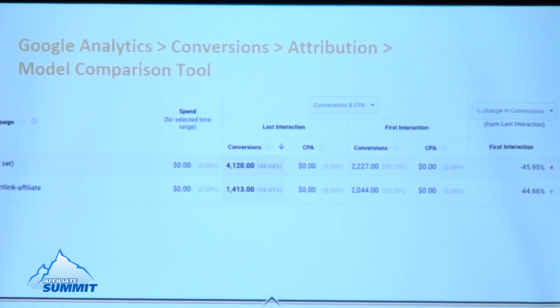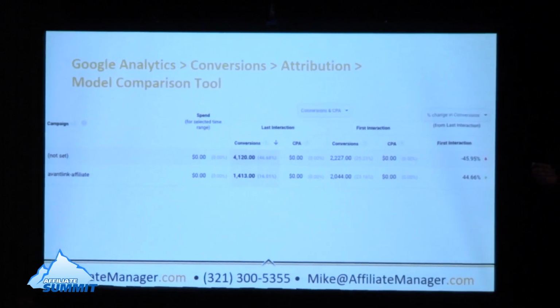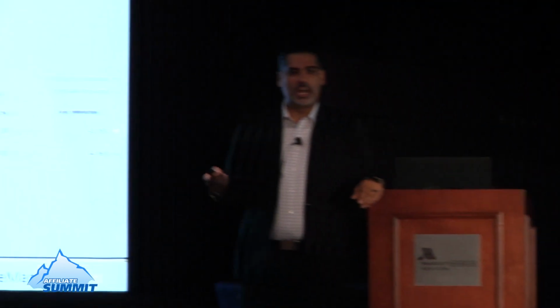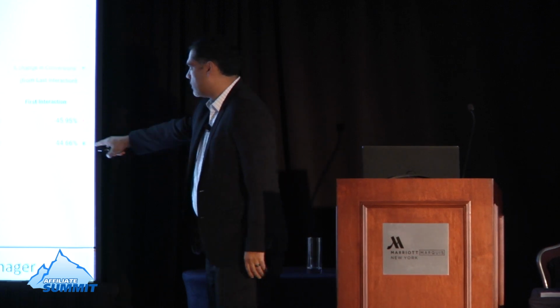All right, so the other one is attribution. It's called the model comparison tool. Within Google Analytics, you can say, OK, what if I changed credit for all of my sales to first in instead of last in? And if I did that, what percentage is going to go up? So here's an example.